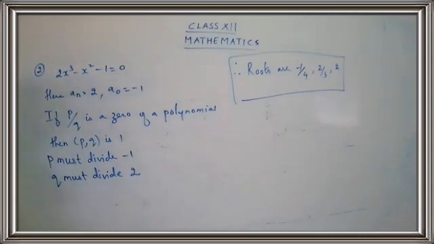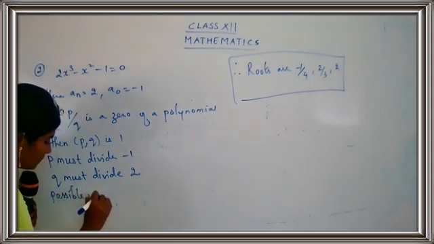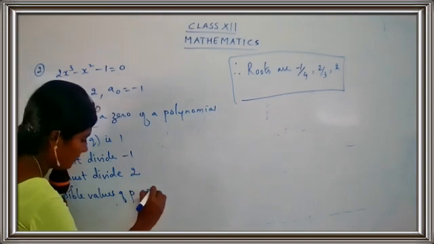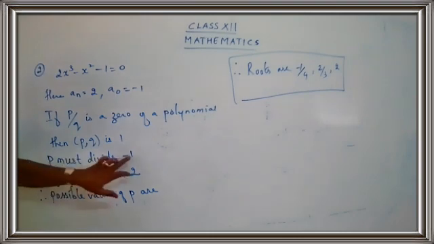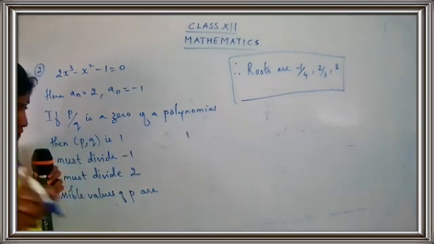Now, what we are going to do is write down the possible values of p. Therefore, possible values of p are... How to find out the possible values? Now this is 1. Okay, children. So you have to write the factors of 1. It is 1 only.